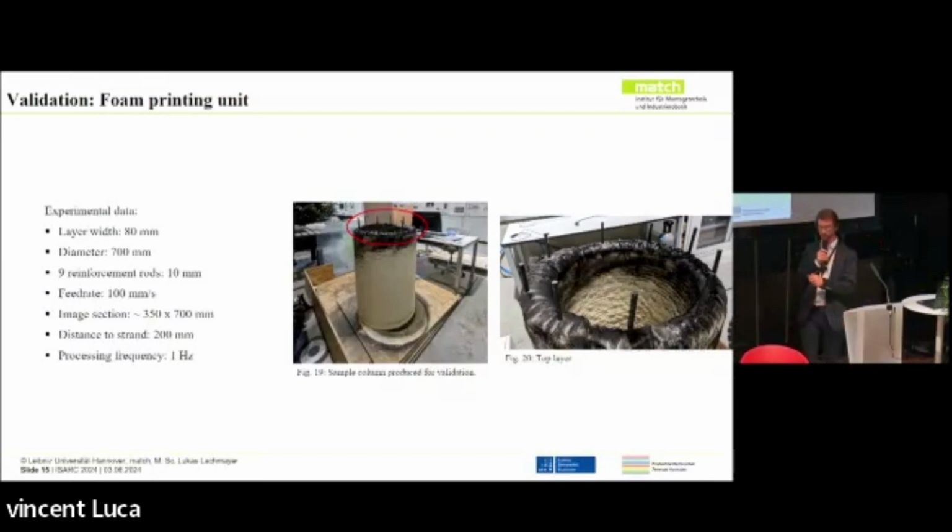Since the proposed algorithm is working during the printing process, in the end, you won't see any of the reinforcement anymore, but you will know by the data sets that it's in there, how much is in there, and where it is. That's the benefit. When I show you an image of the final product, you won't be able to see anything. That's why I stopped at this point.